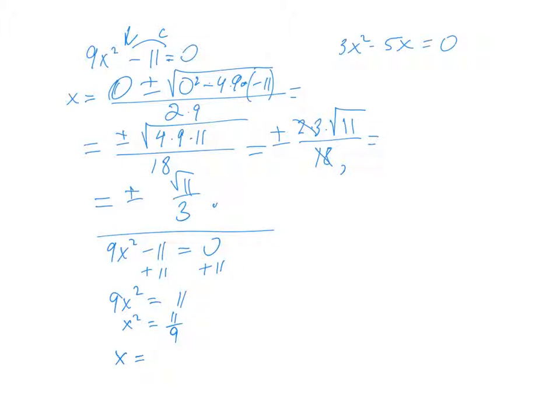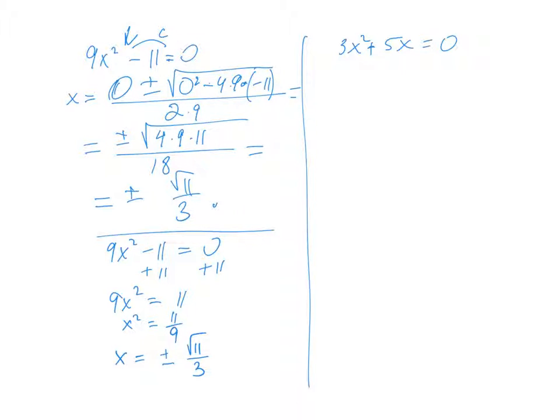Remember, when you unsquare a positive number, there is always a positive and negative solution. So it's square root of 11 over square root of 9, which is 3. That's your answer. So much faster than this, and so much less opportunity for mistakes. You just need to remember about this plus minus.